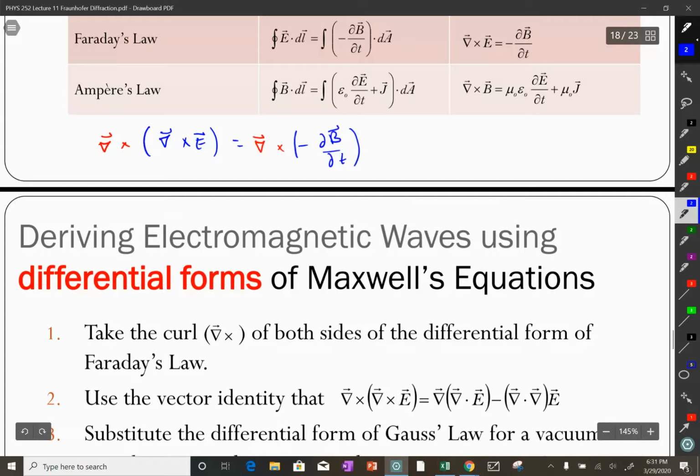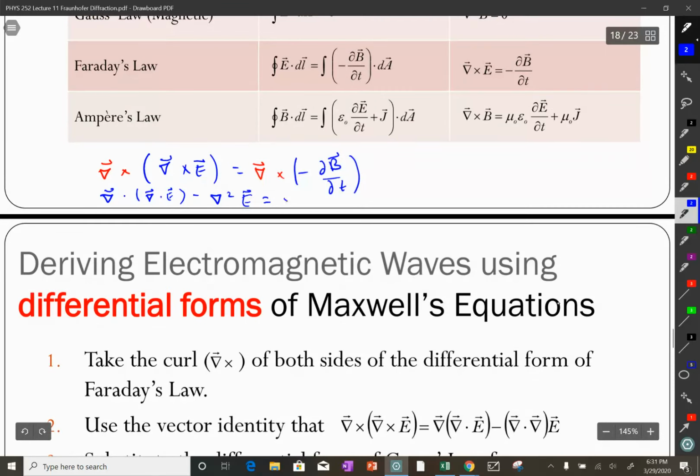So the vector identity for del cross del cross E, that's the left side, is equal to del dot E, minus del dot del, which we usually write as just del squared without a vector, E. And then on the right-hand side, we have del cross, and then minus d dt of B.